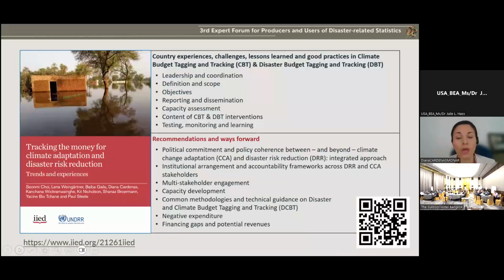And even more so when we have several different international instruments coming into the picture. We have the SDGs as a big framework, then we have climate action, the UNFCCC, and the Sendai framework, all of them overlapping in certain points.